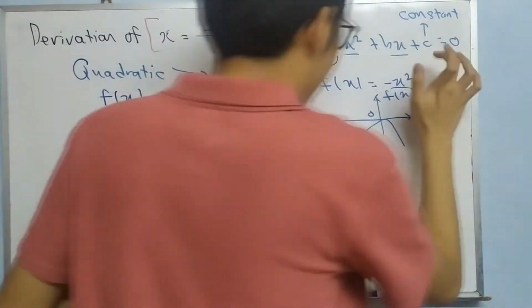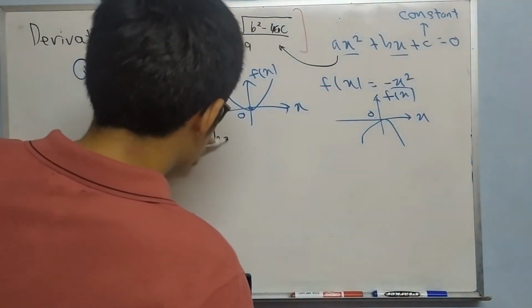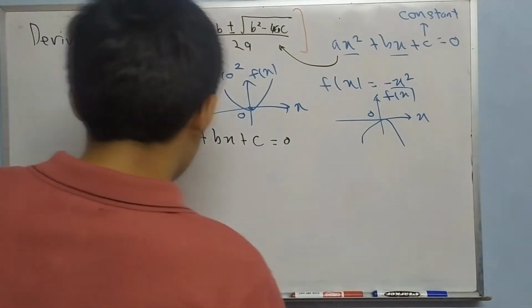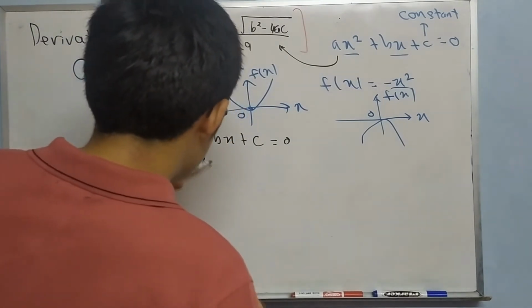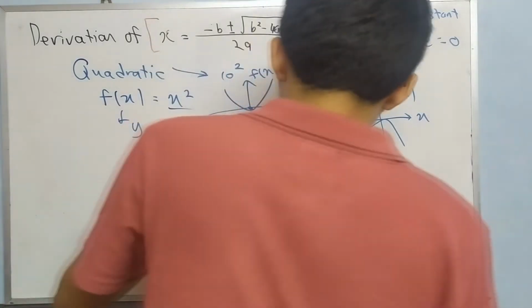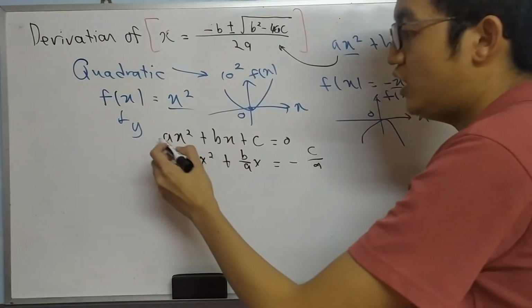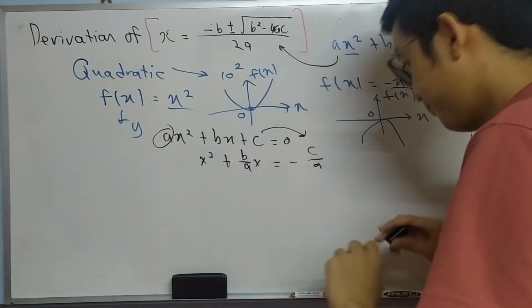Now let's proceed with this equation. First of all, I divide by the a value and I move c to the other side.